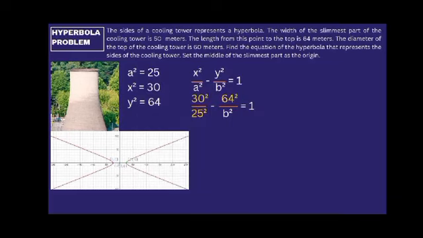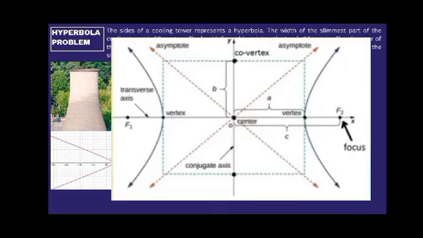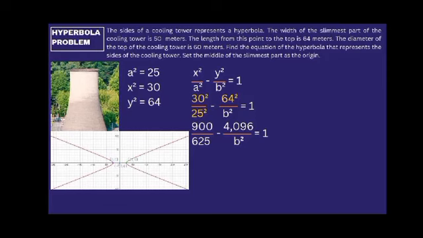In order to achieve that, let's recall the concept of hyperbola. So here is the hyperbola centered at the origin. To find the value of b, we used the given values of x and y, which are 60 and 64 meters respectively.